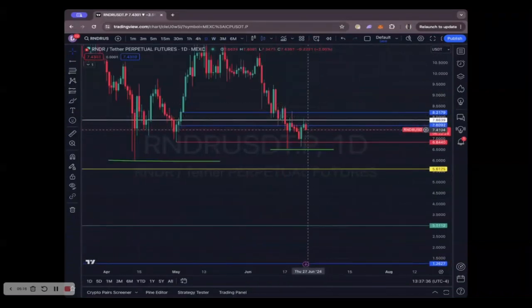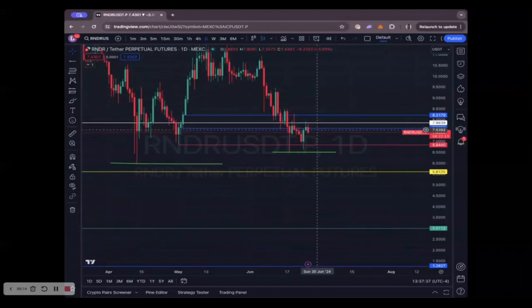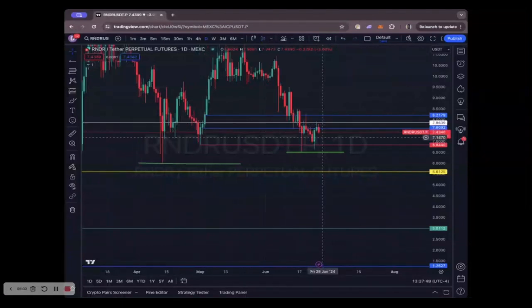It could go bearish completely, or it's able to turn around to bullish for sure.